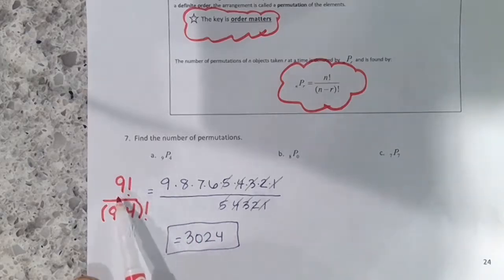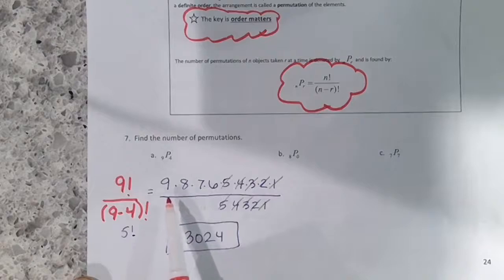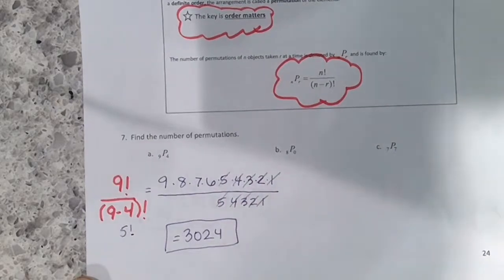So 9 factorial is 9 times 8 times 7 times 6 times 5 times 4 times 3 times 2 times 1. 9 minus 4 is 5 factorial. 5 factorial is 5 times 4 times 3 times 2 times 1. All of these cancel, and you're just left with 9 times 8 times 7 times 6, 3,024. All right, go ahead, try to do this one, 8 factorial.